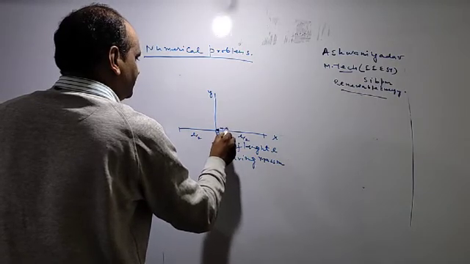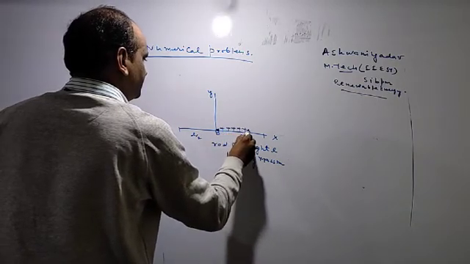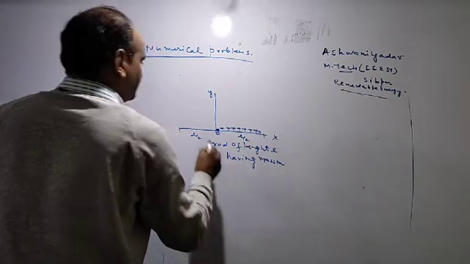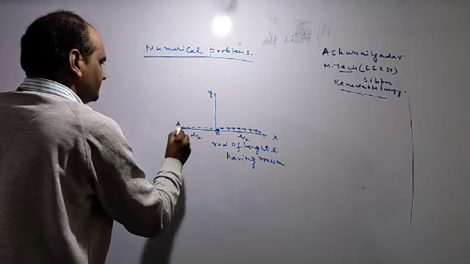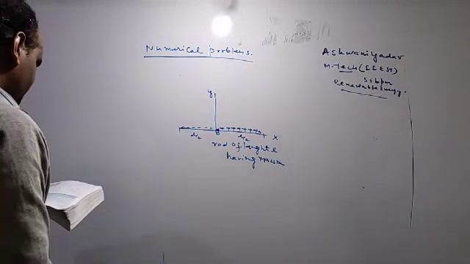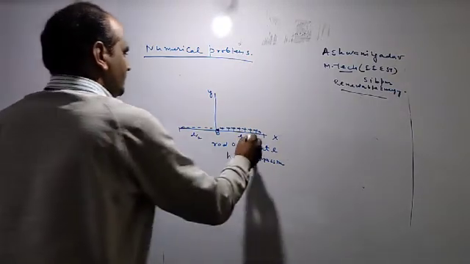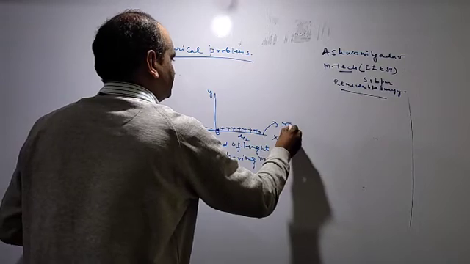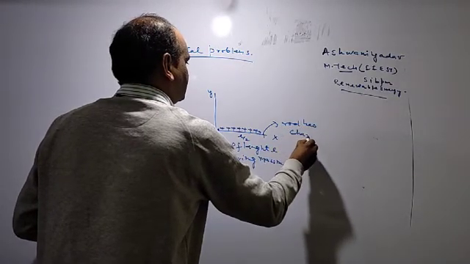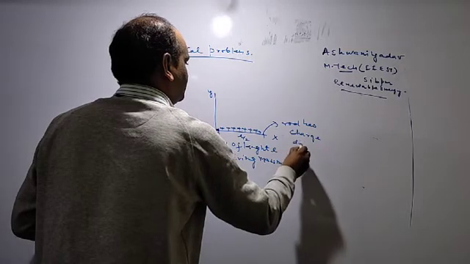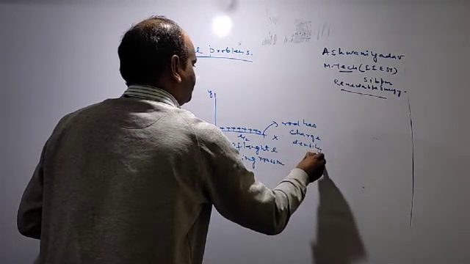Along this length there is positive charge distributed uniformly, and in this section negative charge is distributed uniformly, and the rod has charge density lambda.